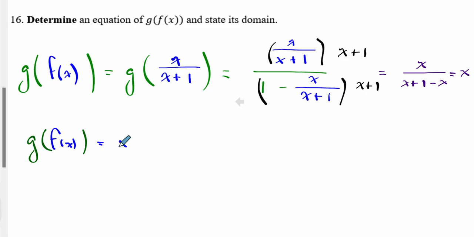As I look at the f of x function, my domain is x can't equal -1. So that restriction has to carry all the way through again. I'm going to say x can't equal -1.